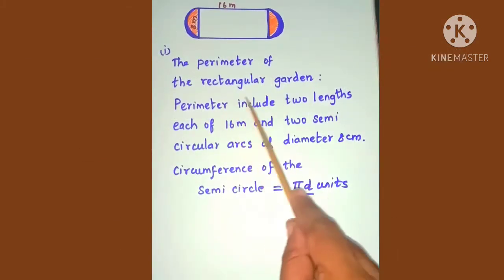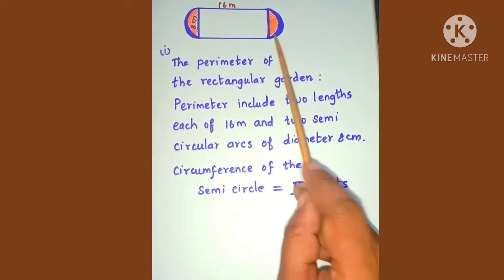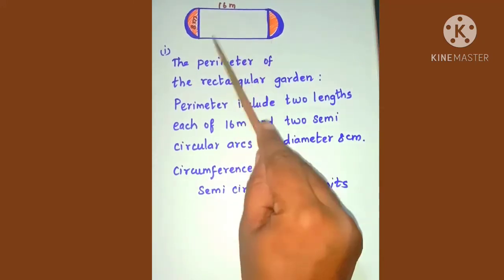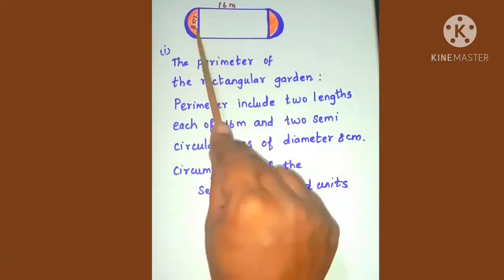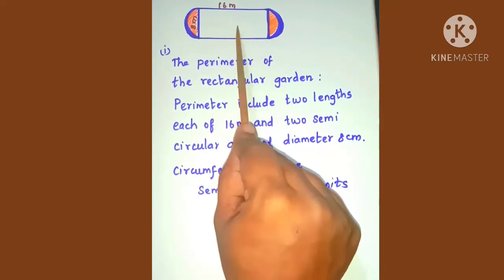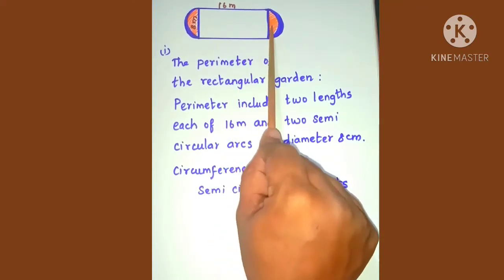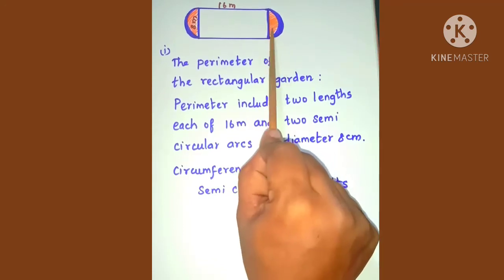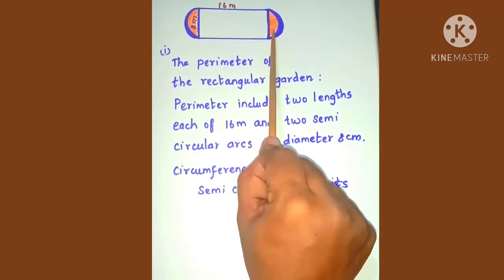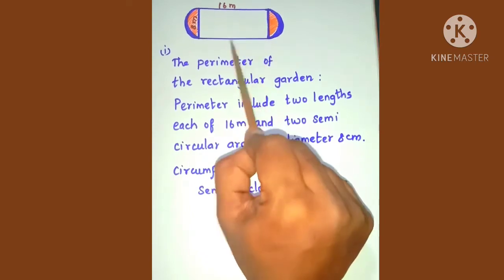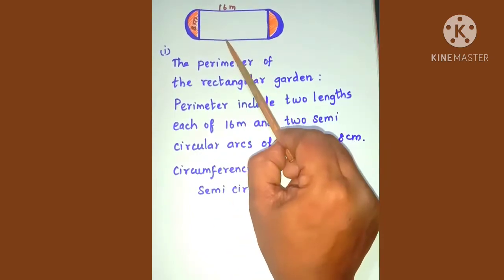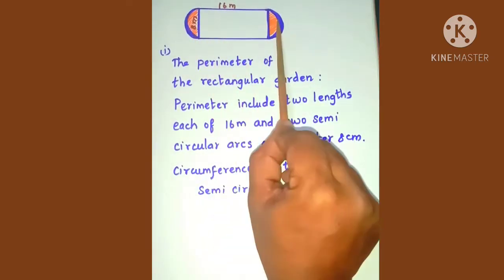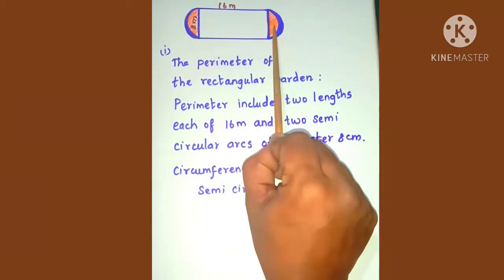Students, the perimeter of the rectangular garden. So here it is given that one rectangle and two semicircles are there. So the length of the boundary is the perimeter of the rectangular garden, isn't it? So students, here we have to find the length of these sides plus the circumference of these two semicircles.